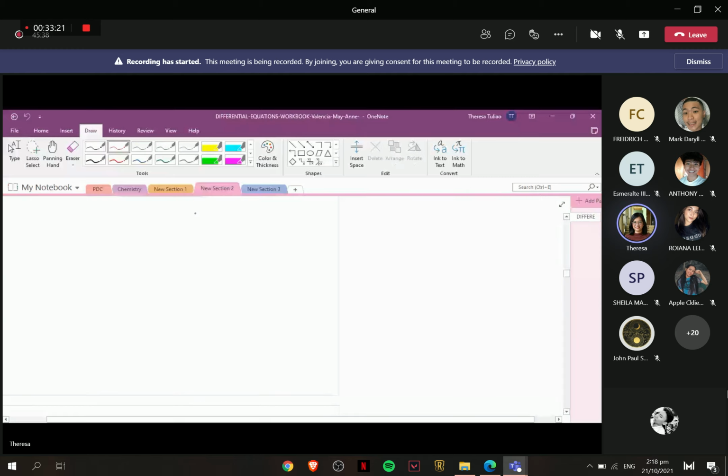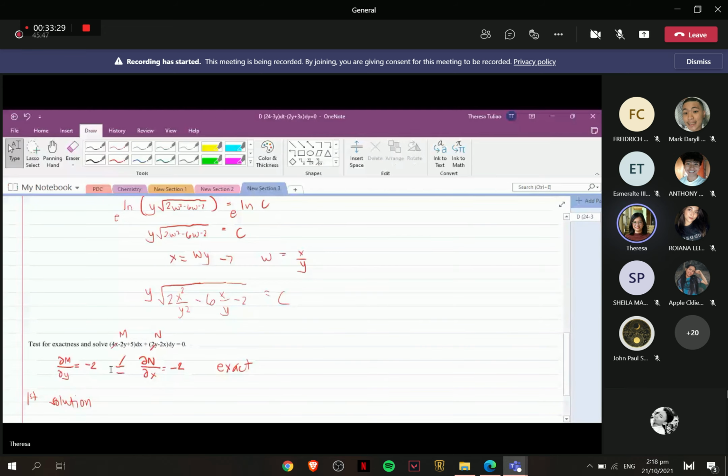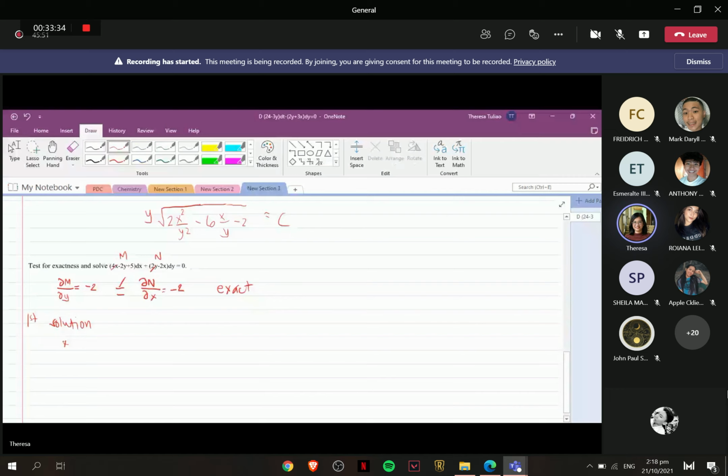Okay? So, it has the form f equals, tapos, ang kukunin natin ang integral ay yung sa M muna. Integral of M(x,y) dx, and then plus f of y lang. Wala siyang integral. Yan ang first equation ng first solution.